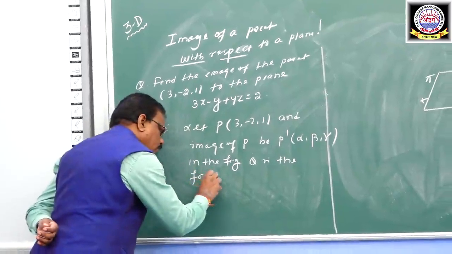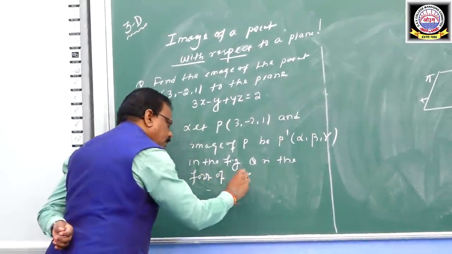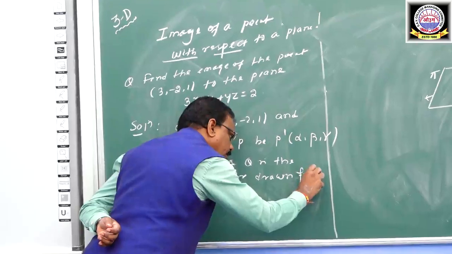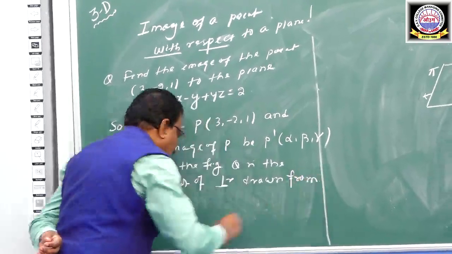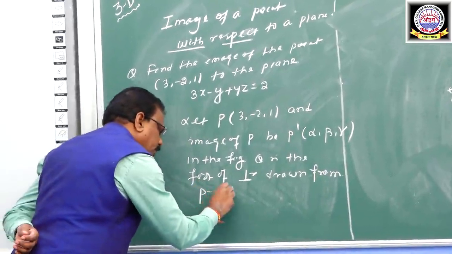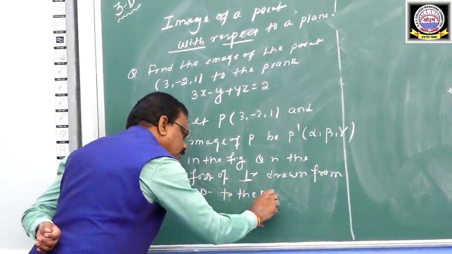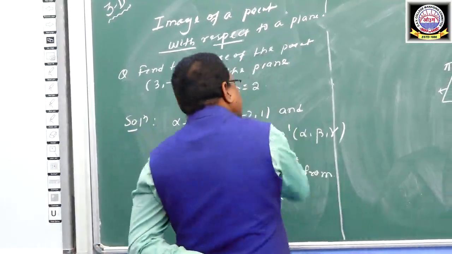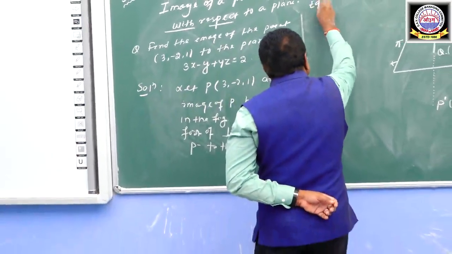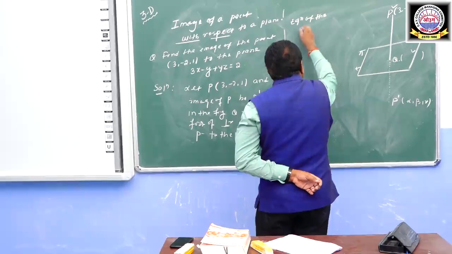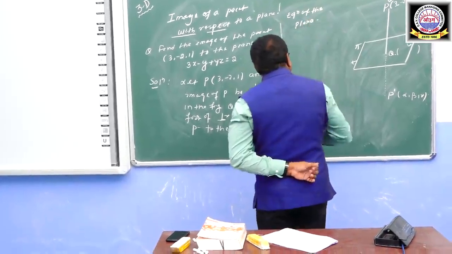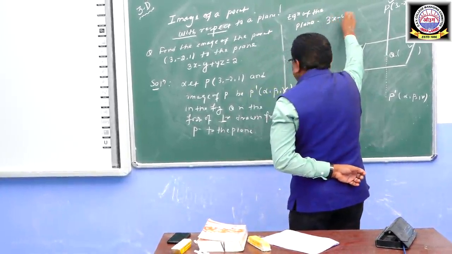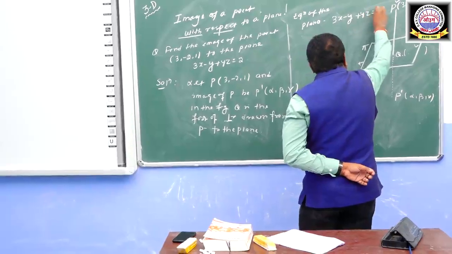Now in the given figure, Q is the foot of the perpendicular drawn from point P to the plane, and the equation of the plane is given: 3x - y + 4z = 2.